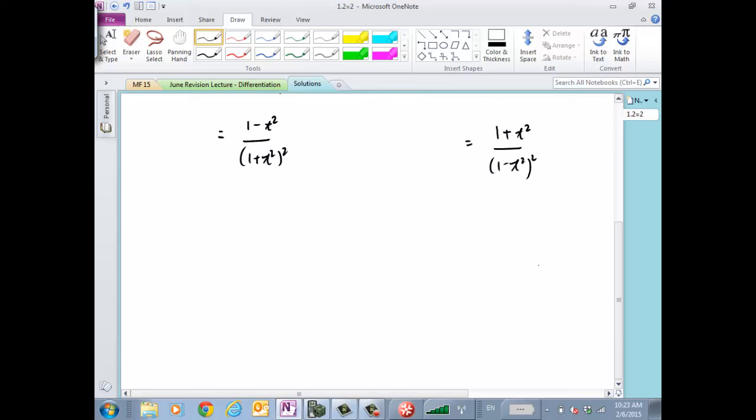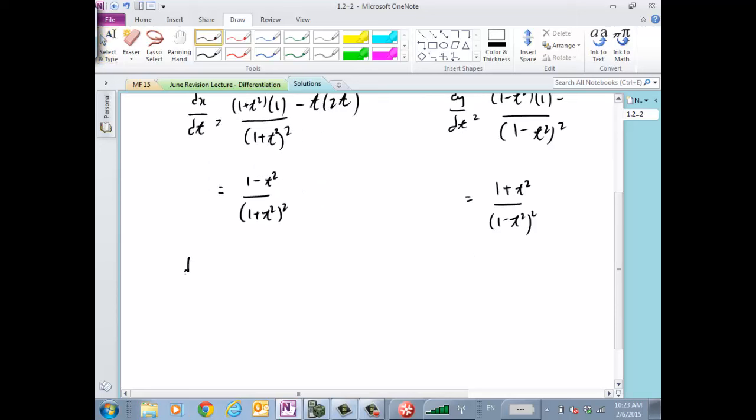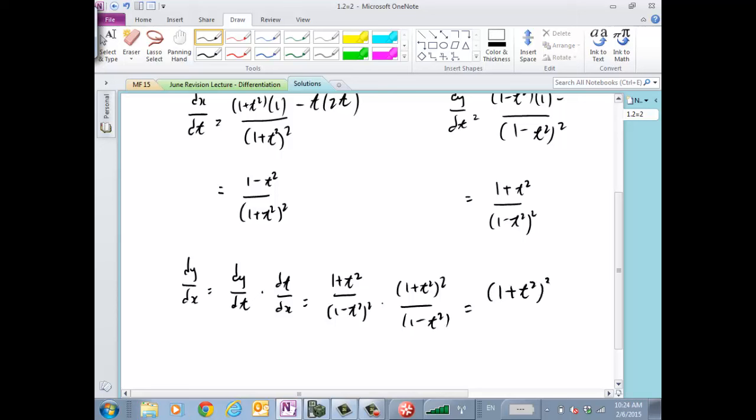And after this, to get your dy/dx, usually for writing, you write it like this. The last row, can you all see? Alright, so you will get this for dy/dx, but the question is not over yet.